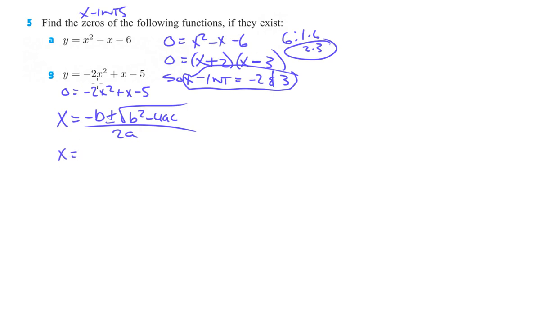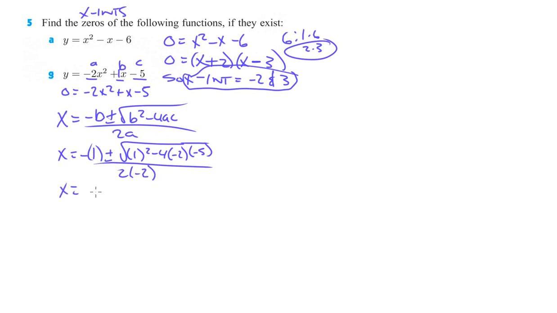Okay, so in this case, our a is negative 2, our b is 1, because that's 1x, and our c is negative 5. So we get negative 1 plus or minus the square root of 1 squared minus 4 times negative 2 times negative 5, all over 2 times negative 2.